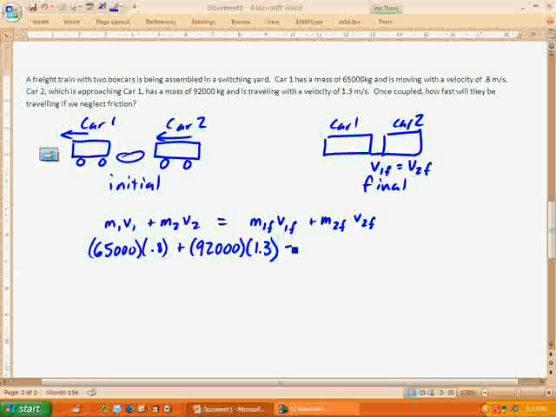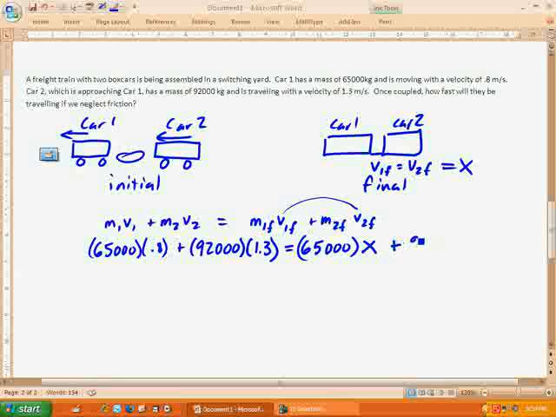And now when they meet up, their mass is still going to be the same, 65,000, but we already said that the velocity of car 1 in the end is equal to the velocity of car 2 in the end. And since those two are equal, we can represent them with the same variable. If you want to use a v1f for both of them, you can. I'm just going to put in an x because I know that those are both going to be the same thing. And so I'm looking for x is what I'm going to be solving for.